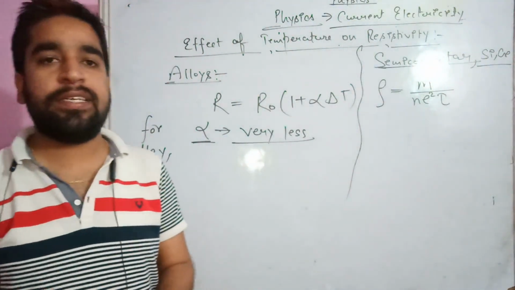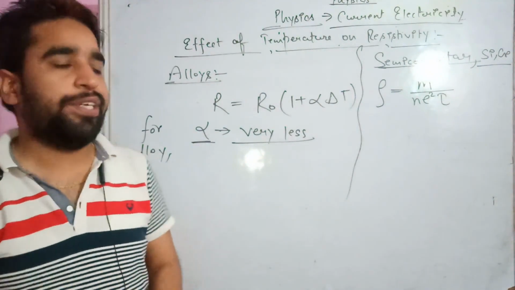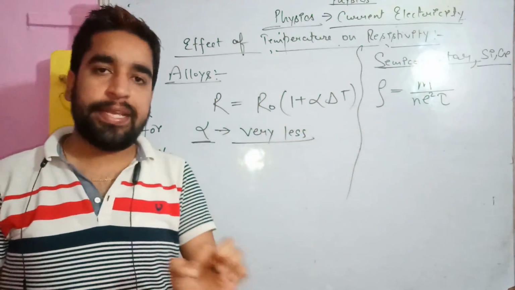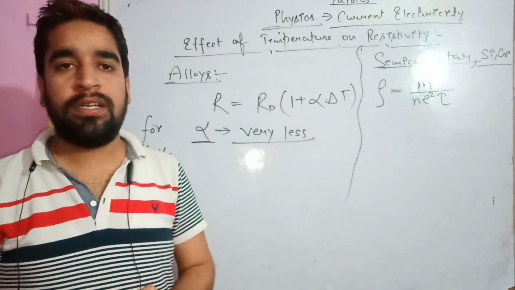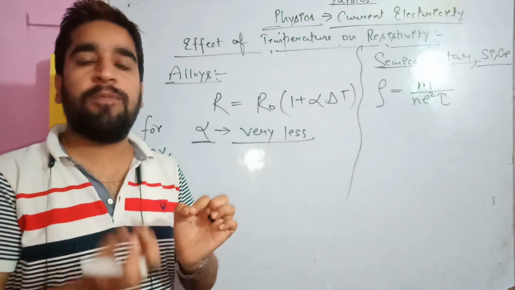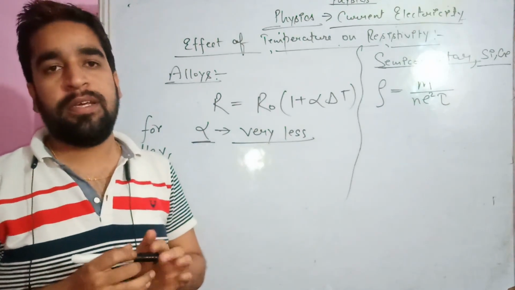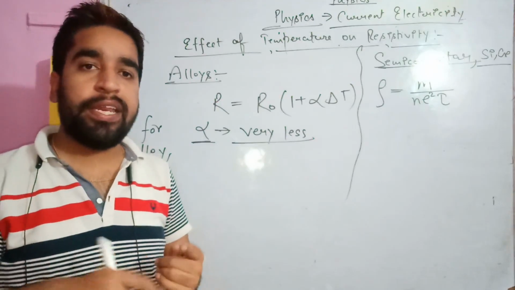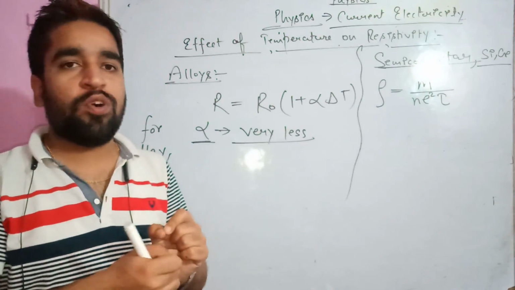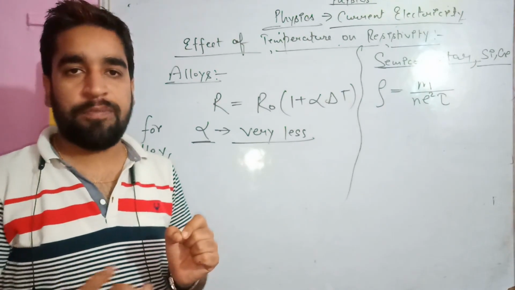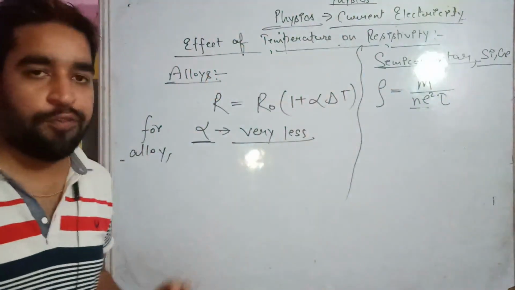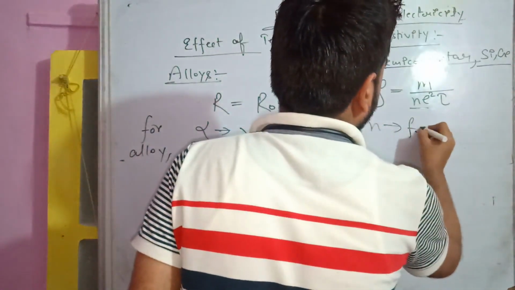Their conductivity is between the conductors and the insulators. So the resistivity formula is rho is equal to m upon n e square tau. Once you increase the temperature, more and more electrons from the atoms of semiconductors will get free, because they are getting thermal energy, and because of that energy, the electrons will be ejected out from their atoms. And when electrons are ejected out, what is n here? n is the number of free electrons.